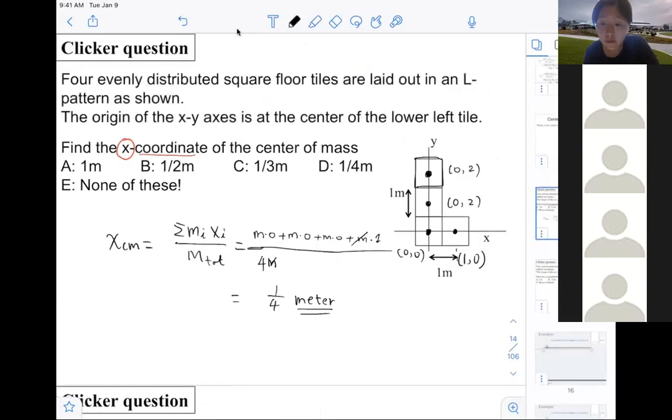Professor? Yeah, I have a question. Can this also be done just visually? If I take the top block and put it on top of the block at (1,0), that would mean that the center of mass is 0.5. Okay, so you take this and put it on top of the single block, then you make a full square, right?